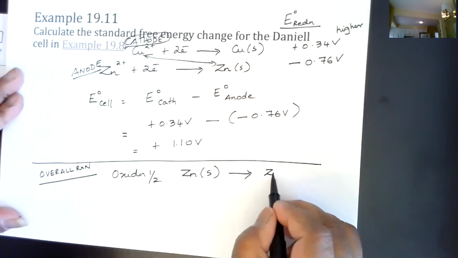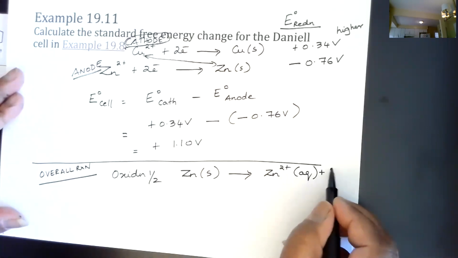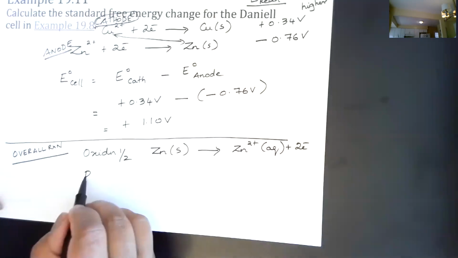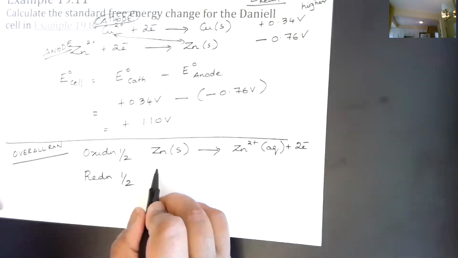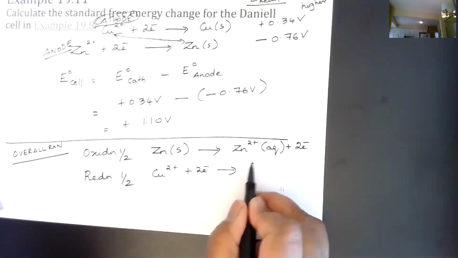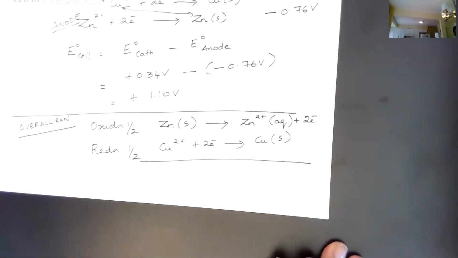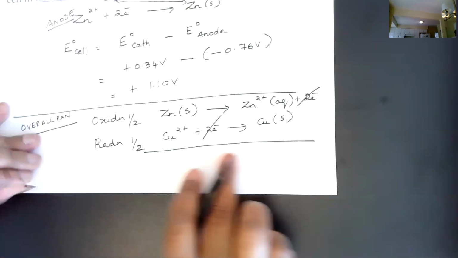So zinc goes into solution as zinc 2 plus and 2 electrons. Reduction half: copper 2 plus and 2 electrons gives copper solid. And how many moles of electrons do we have? 2 moles.